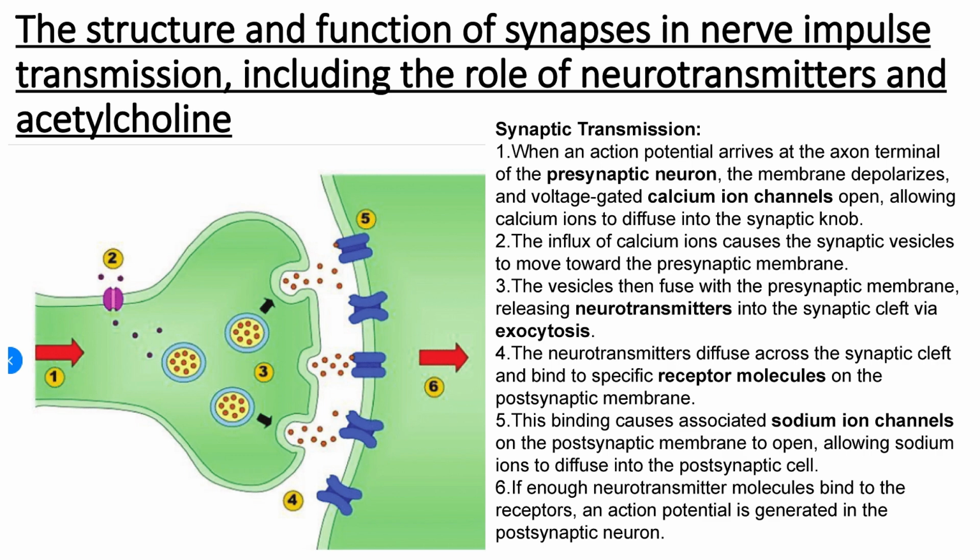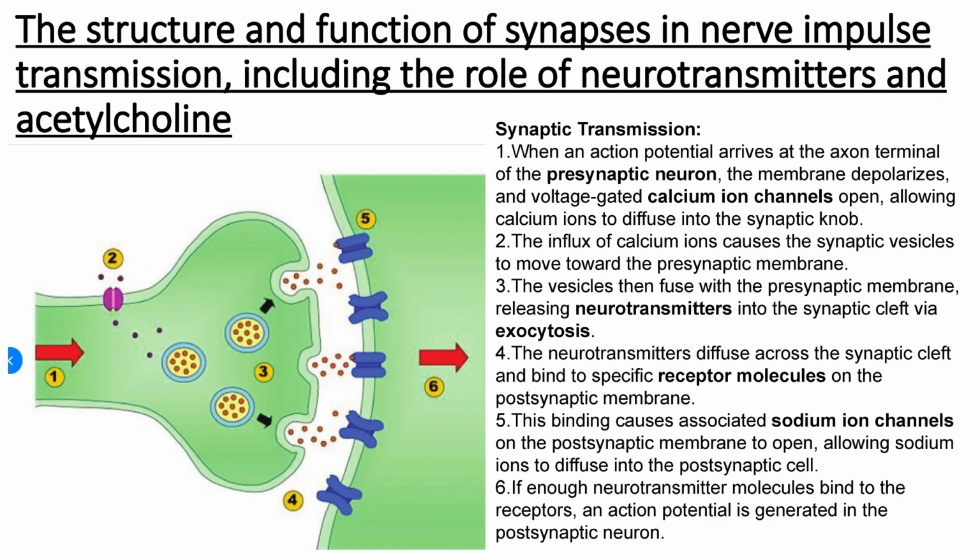The vesicles then fuse with the presynaptic membrane, releasing neurotransmitters into the synaptic cleft via exocytosis. The neurotransmitters diffuse across the synaptic cleft and bind to the specific receptor molecules on the postsynaptic membrane.